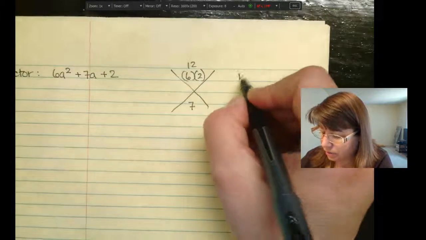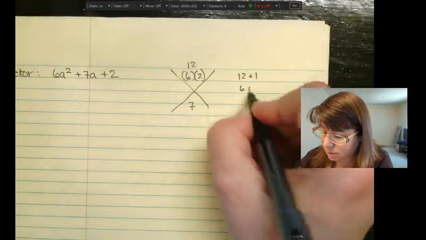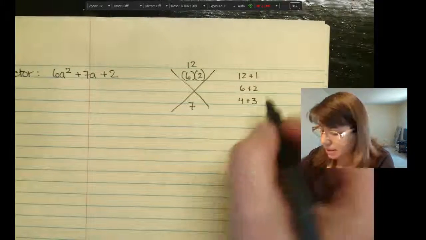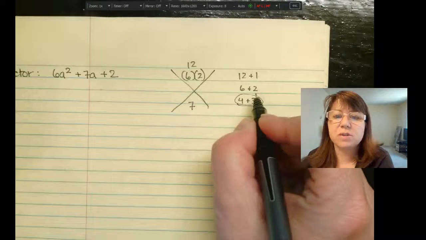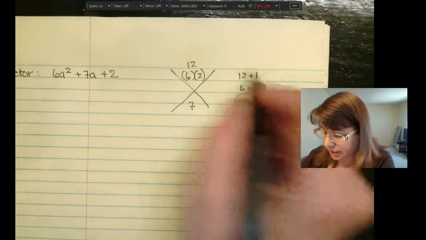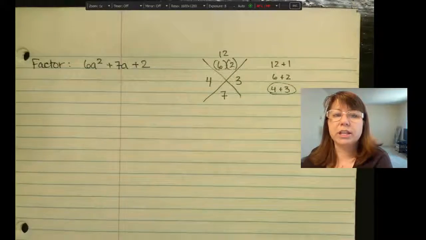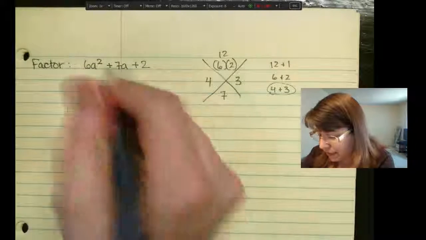So we have 12 plus 1, 6 plus 2, 4 plus 3. Well, it looks like it's going to be 4 plus 3 because 6 plus 2 is 8, 12 plus 1 is 13. So 4 and 3 are our new magic numbers to rewrite the 7a in.